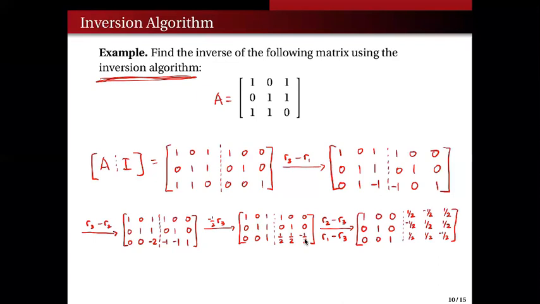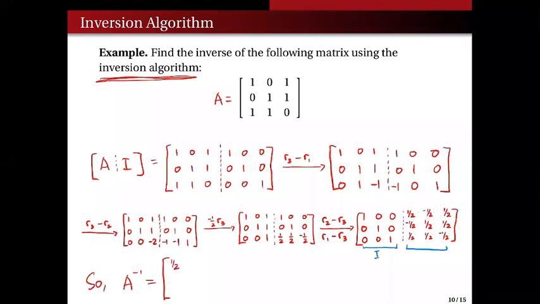And then you look at this. This is already your identity matrix. So what does this mean? This guy here will be the inverse of A. So A inverse, this is the matrix whose entries are this guy here.